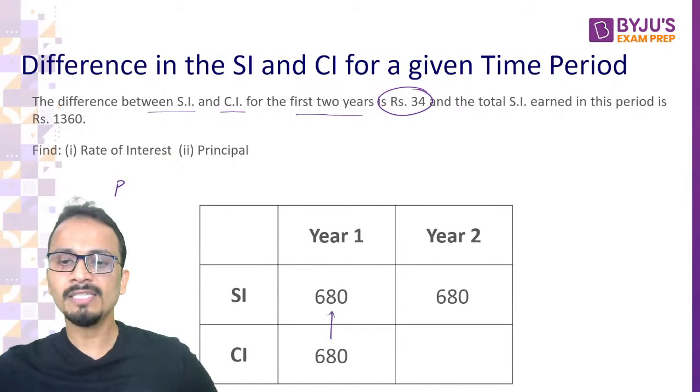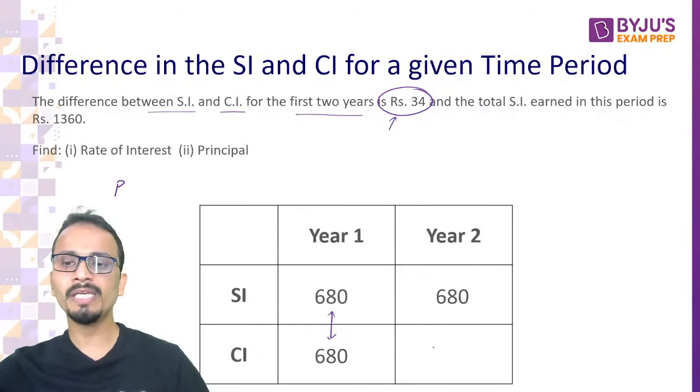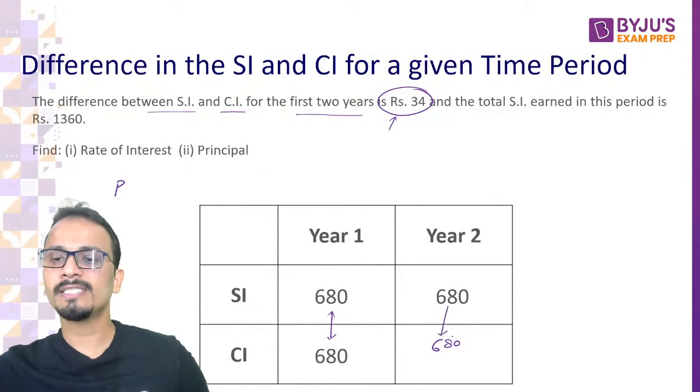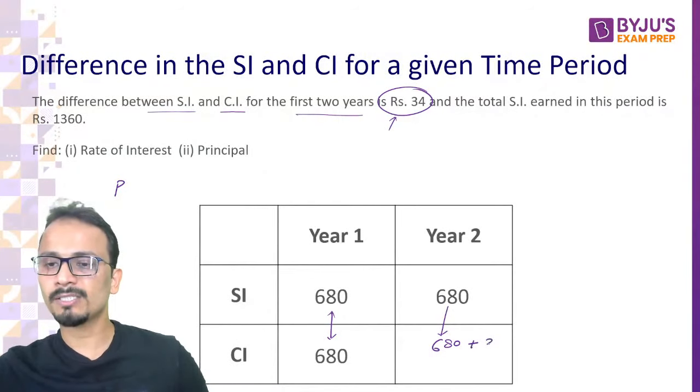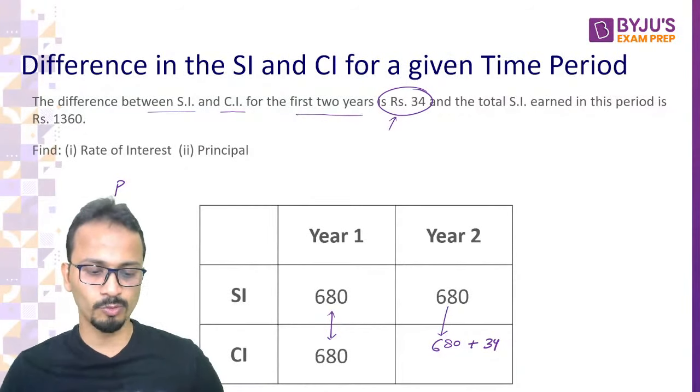We have seen that for the first year, simple interest and compound interest are equal. So this difference of 34 rupees should be there in the second year only. So for the second year, the compound interest should be 680 plus 34.